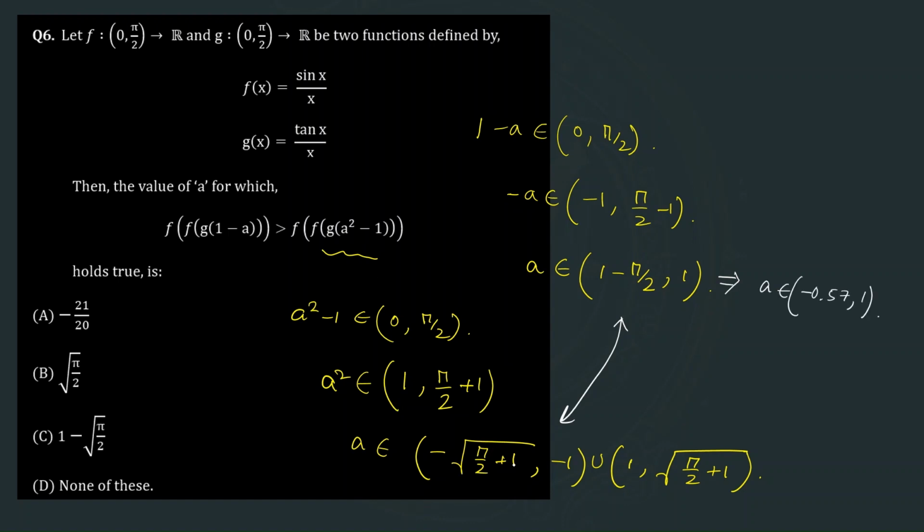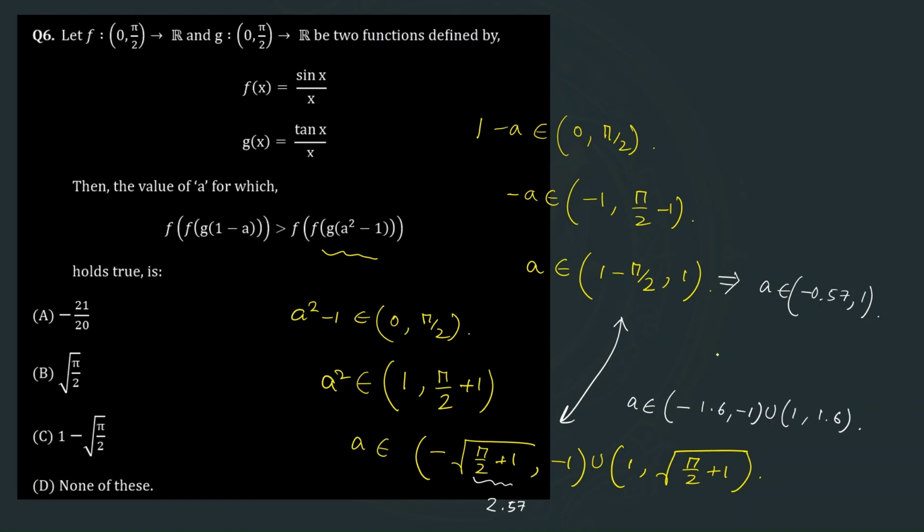And from here we can approximate 1 plus pi by 2 as 2.57, and square root of 2.57 will be approximately 1.6. So here the values of a will be open minus 1.6 to minus 1 union 1 to 1.6.